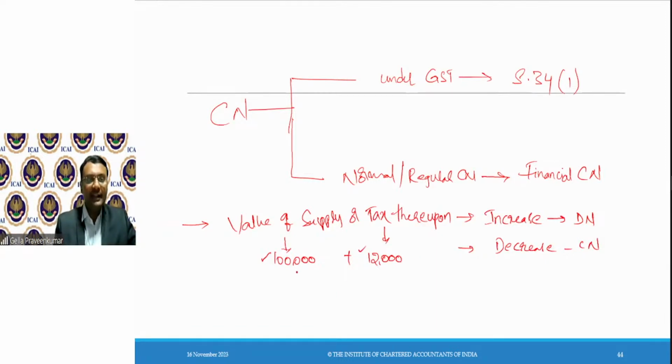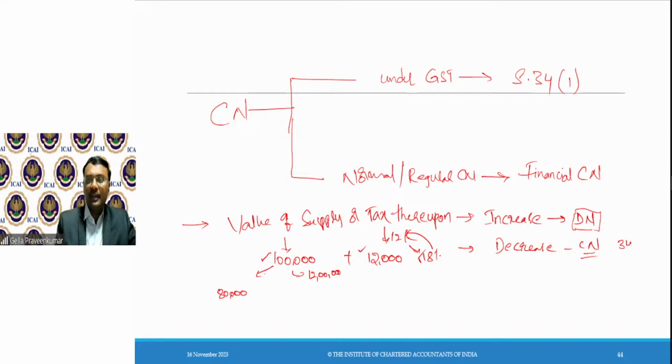So if I want to increase 1 lakh to say 1.2 lakhs, or this 12% that I have charged, if I want to increase to 18%, in this case I use something called a debit note. Alternatively, if I have charged 1 lakh and wanted to reduce it to say 80,000, or if I have charged 18% and want to reduce the rate of tax to 12%, in this case I use something called a credit note.